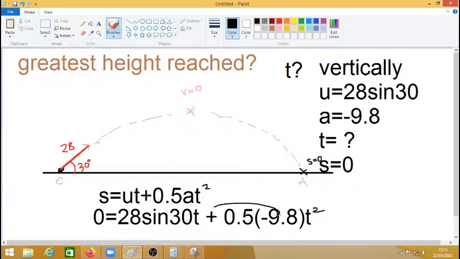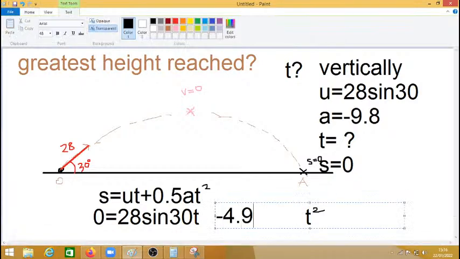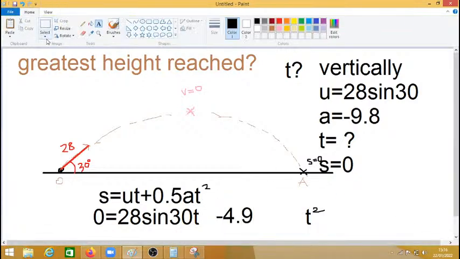Here we've got a plus and then we've got a minus here as well, so that is just going to become a minus if we expand that out. And then 0.5 times the 9.8, that'll be 4.9. So let's delete all of that and replace that with minus 4.9, and bring the t squared closer.